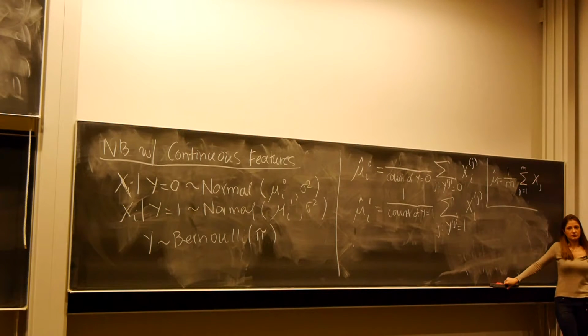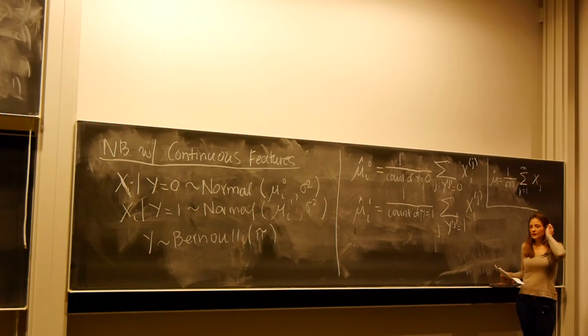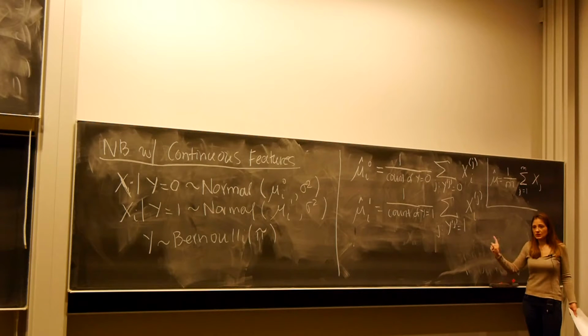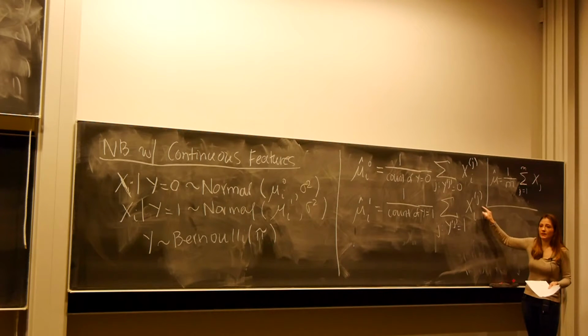Does this make sense to everyone? What does the x to the j mean? Or why are you saying x, the j to x? Yeah, so, okay. We have a bunch of different training examples, right? And each of those have multiple features, right? So for example, we could have two features, one which is the temperature and one which is overcast versus sunny. So i indicates which feature we're talking about, and j is which example. For example, in document classification, you'll have a whole bunch of documents. So j would be which document we are talking about, because each feature has a different value in each document.